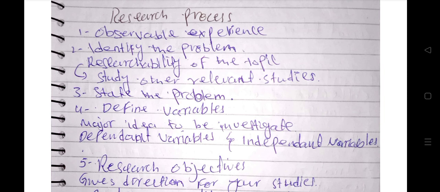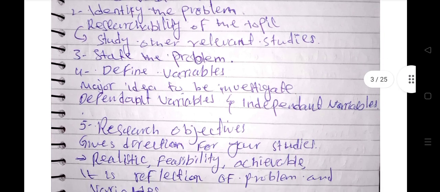So the second is the research problem, right? You have to look for the researchability of that topic. You have to go for your literature review, right? Literature review is another very important aspect of your research process. And third is, you have to state, yes, identify and state the research problem, and you have to define variables, right?